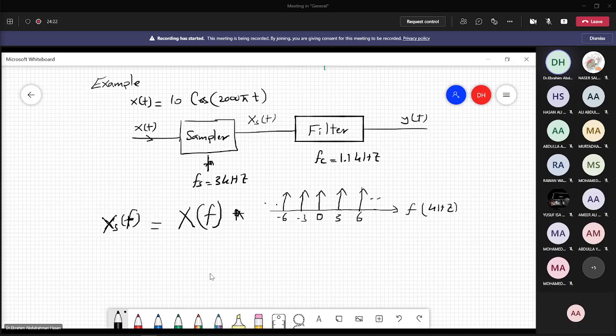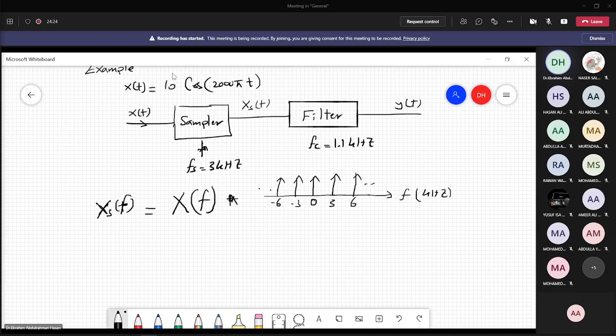Okay, what is x of f? We just need to change this from the time domain to the frequency domain. The frequency domain of cosine is half delta. So we have half delta. This is f again in kilohertz.